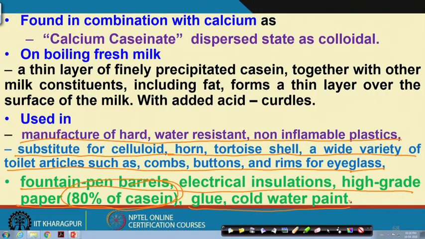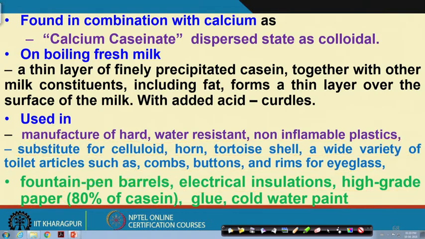So, for very great quality of paper manufacturing, you need very good quality or good quantity of protein. Then in forming glue or cold water paint, casein is also used, right.